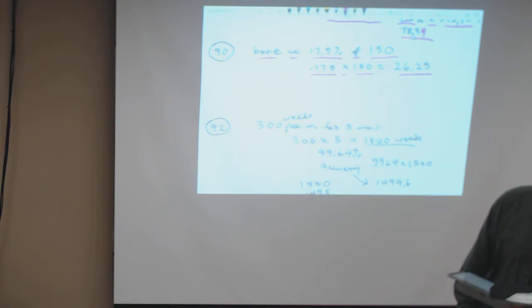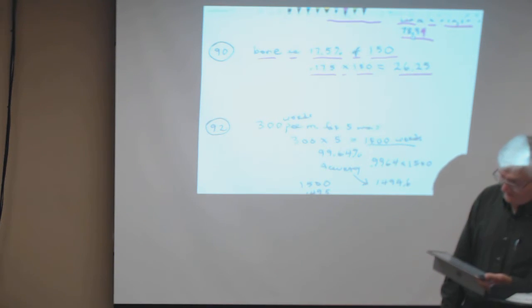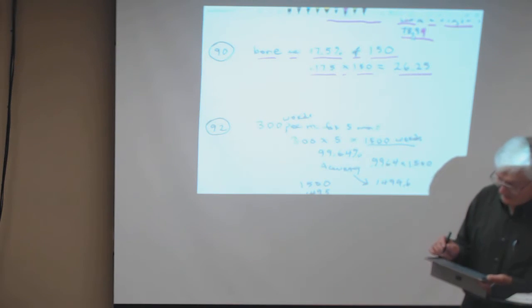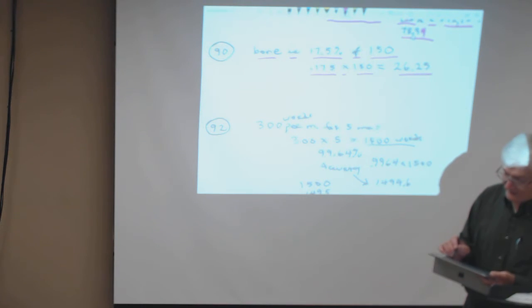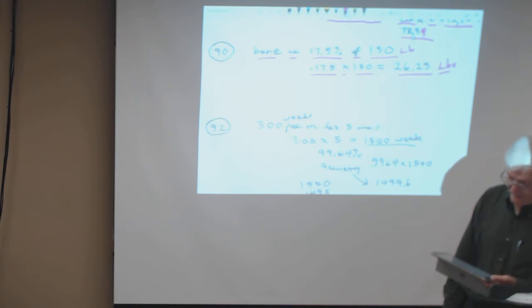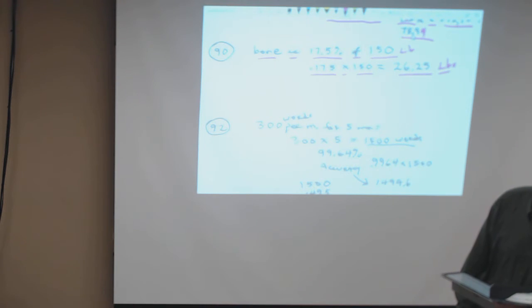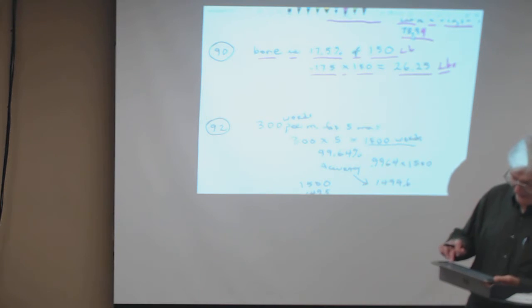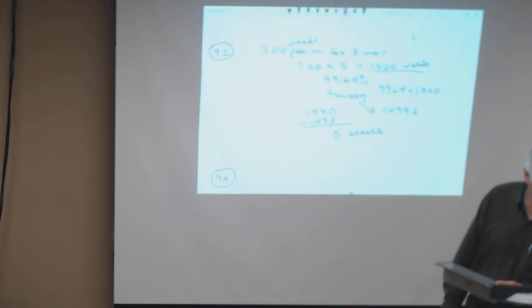So for problem 90, bone, what did they want to know for problem 90? How many pounds? Okay, so, yeah, that works. That's 150 pounds. So how many pounds? 26.25 pounds of bone. How many pounds of bone? 26.25 pounds of bone.